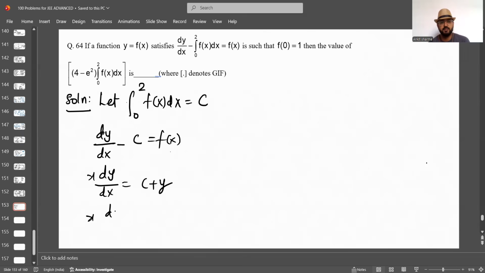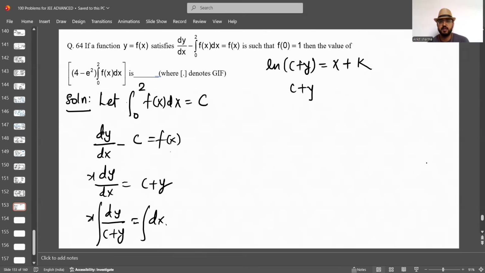So this is now simply a variable separable differential equation, and I can integrate on both sides. So this gives me ln of c plus y is equal to x plus some k. So now I get c plus y is equal to some constant times e to the power x. So y will become a times e to the power x minus c.